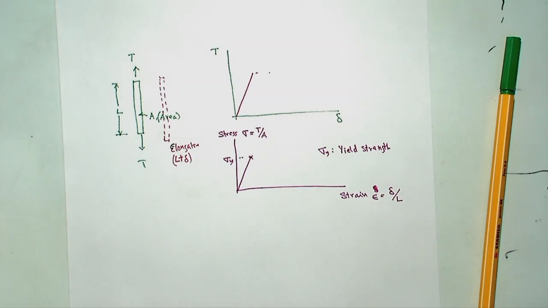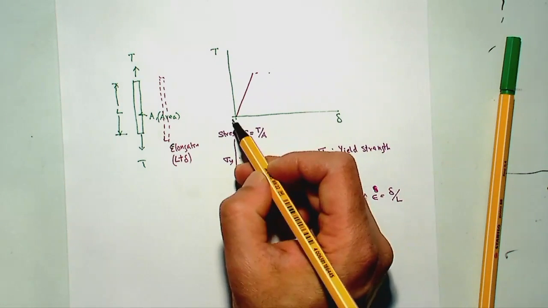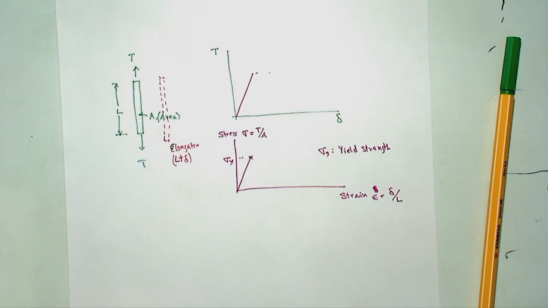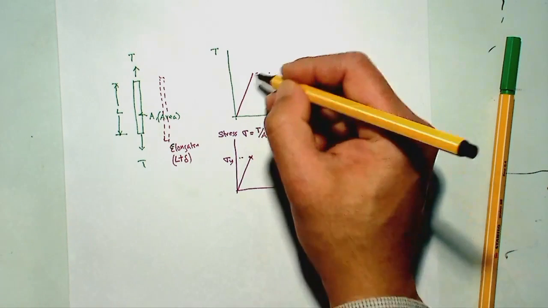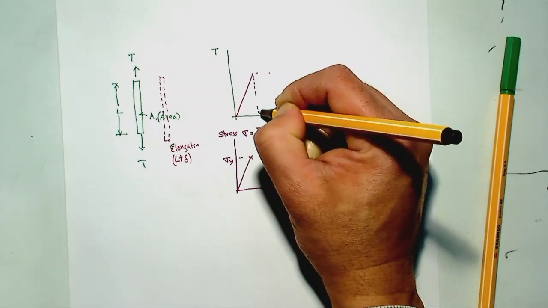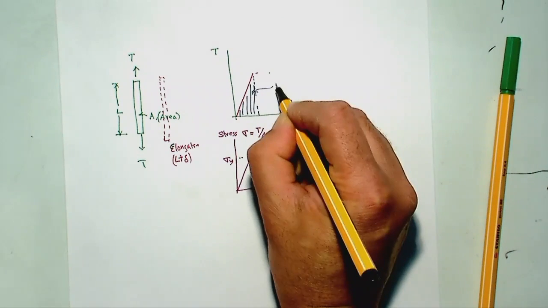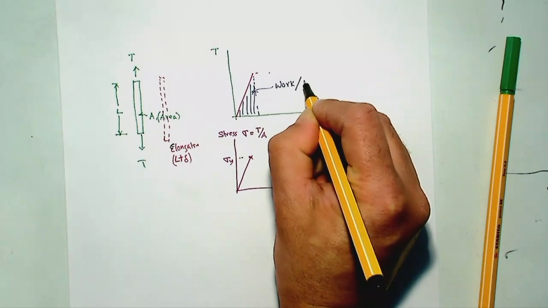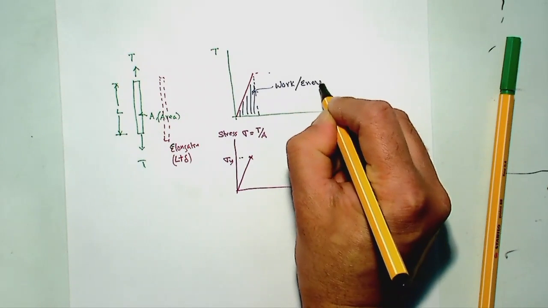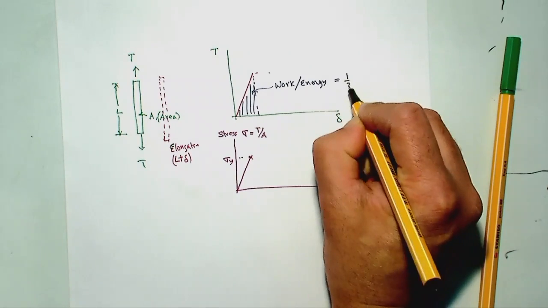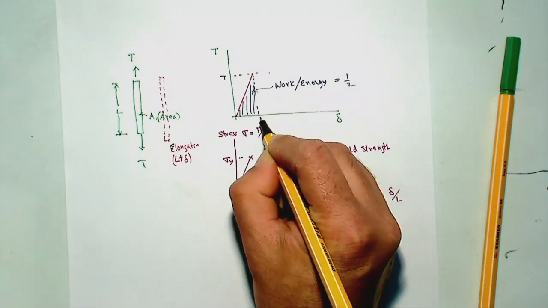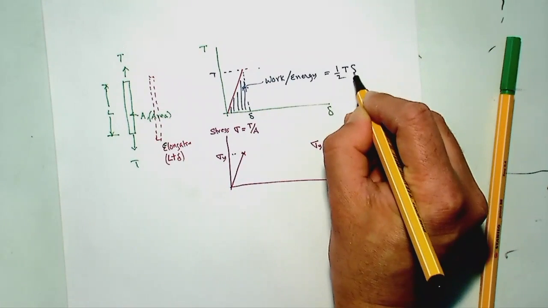So what happens to the energy? As you know, energy is force times displacement. But in this case, force and displacement are both varying at the same time. So the work or energy, you could say the same thing, is equal to half T times delta, if this is T and this is delta.